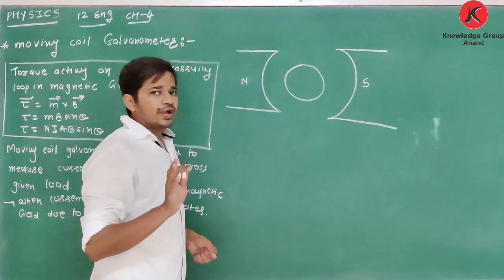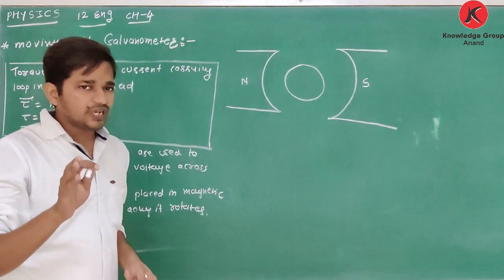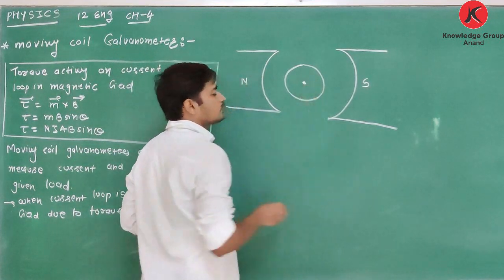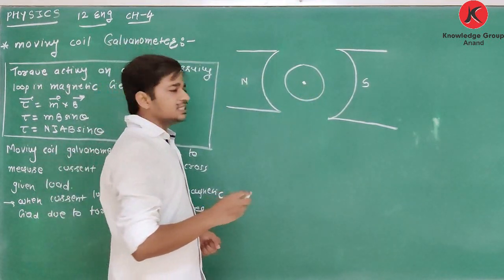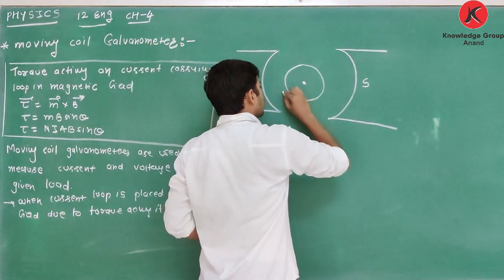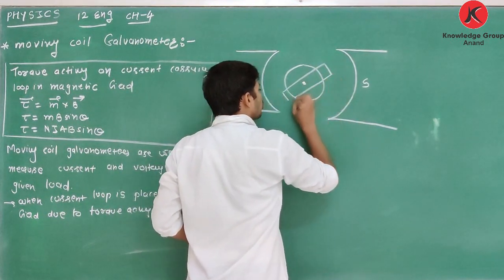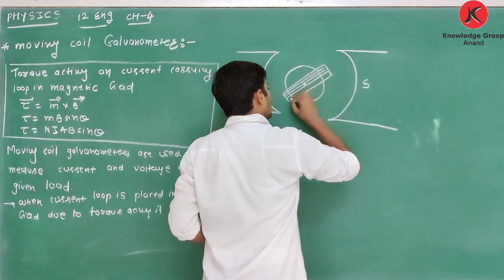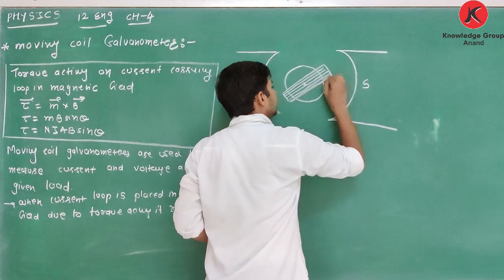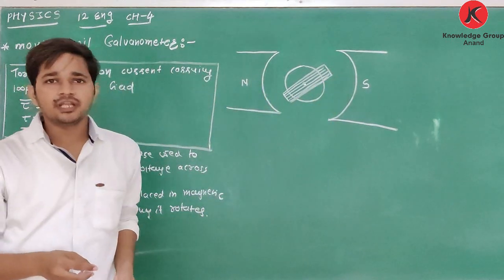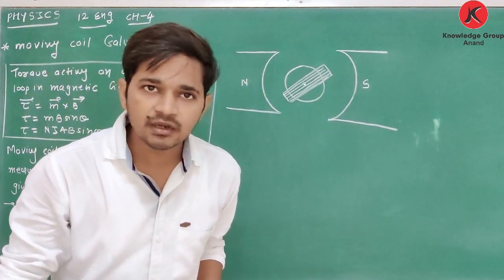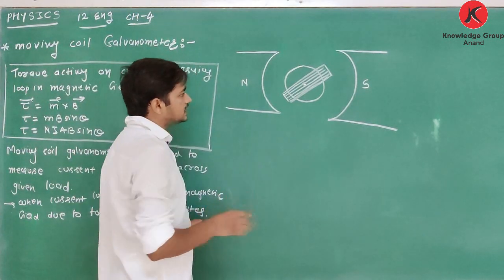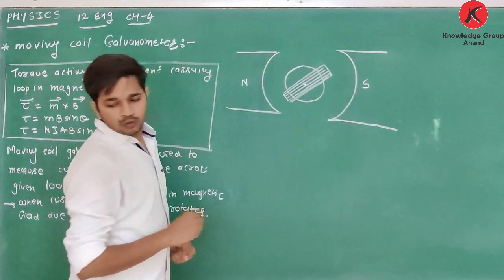It is a top view actually. On this soft iron, at this center, one current carrying coil is pivoted. Clear about this? These two magnetic poles are there.